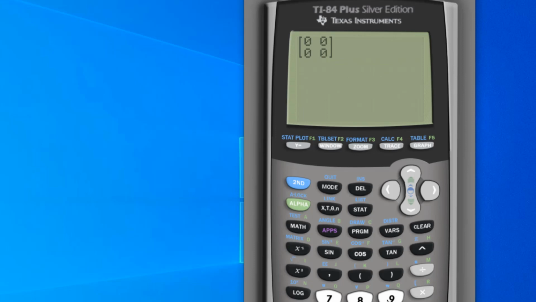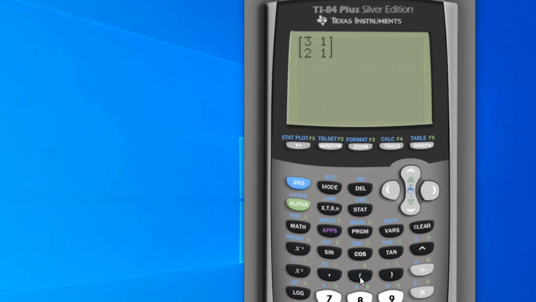So let's suppose I want the multiplicative inverse of this matrix here. First row is 3 and 1. Second row has components of 2 over 1.